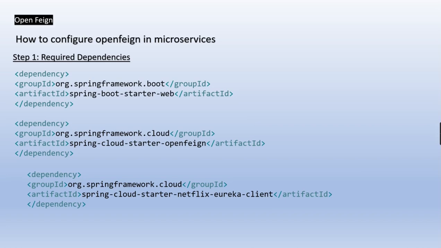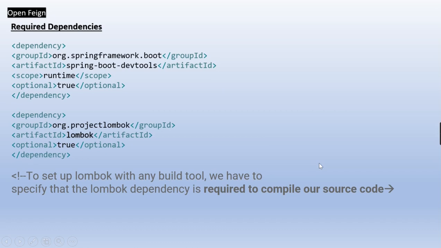Next one is Eureka Client. Because on the server side, all the services are registered at Eureka Server, and our program is also a client-side project, so our client-side project should also register with Eureka. It is not mandatory, but if it is registered, it would be good and it will work effectively. So for that, the Netflix Eureka Client dependency also we need to add in the project.